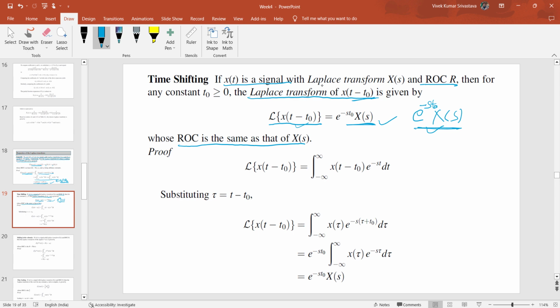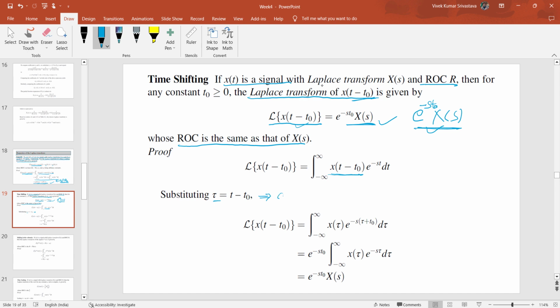As a proof, we can take the Laplace transform of x of t minus t naught. Here I am directly putting the integral of x of t minus t naught times e raised to the power minus st dt. For solving this integral, I am substituting t minus t naught as tau.